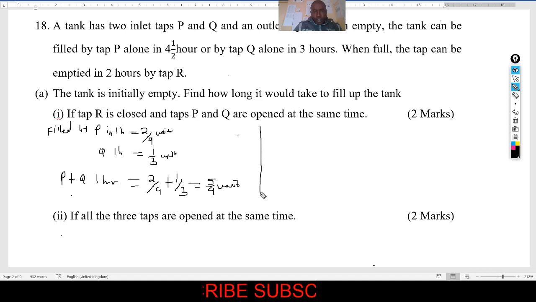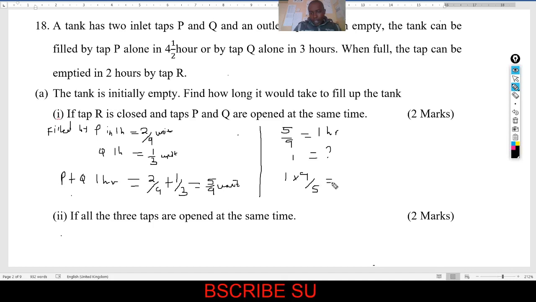Then, how long will it take the two to fill? If 5 over 9 units takes 1 hour, what about the whole thing, which is 1? It is 1 divided by this, which is the same as 1 times 9 over 5.